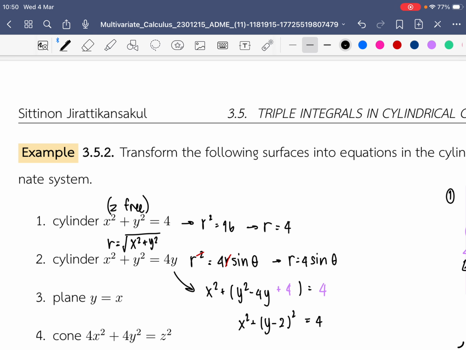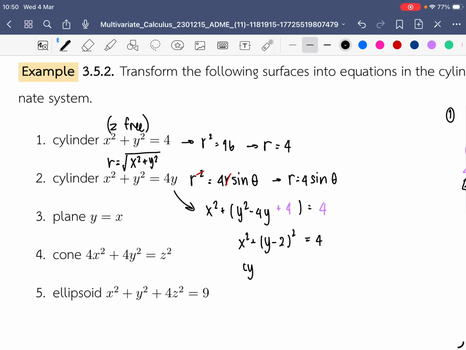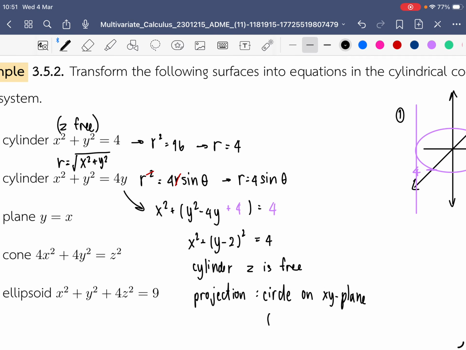So this is a cylinder where z is free. The projection is a circle on the xy plane. It's a circle of center (0, 2) and radius 2.